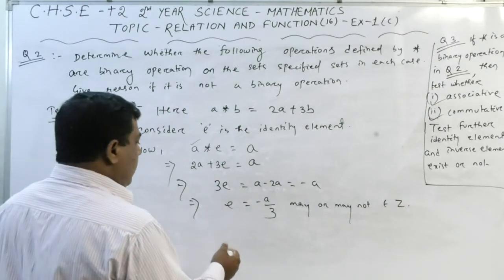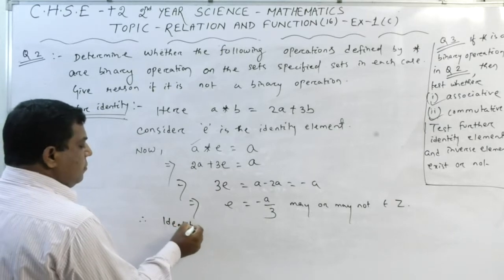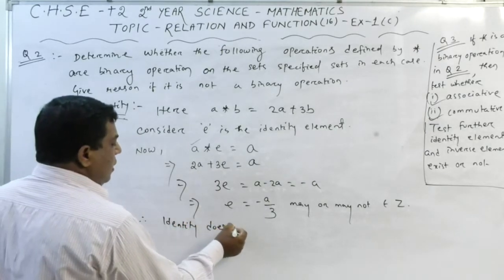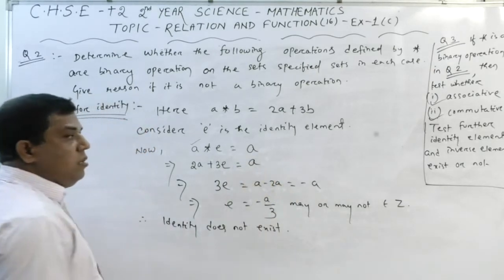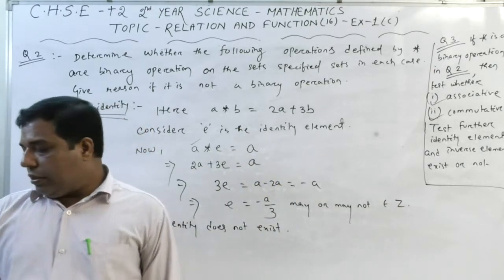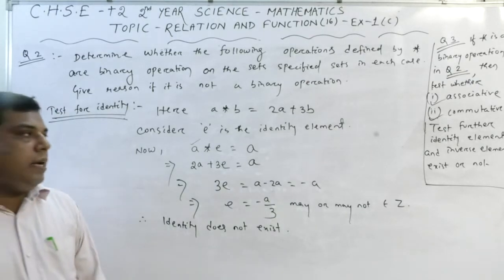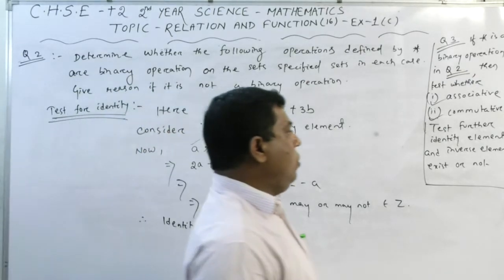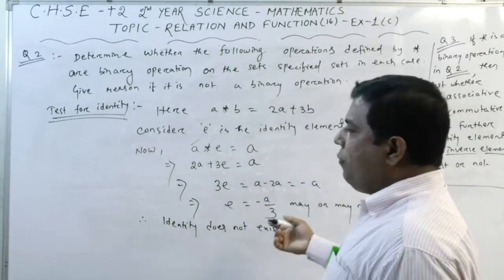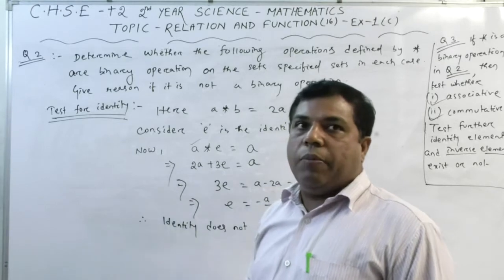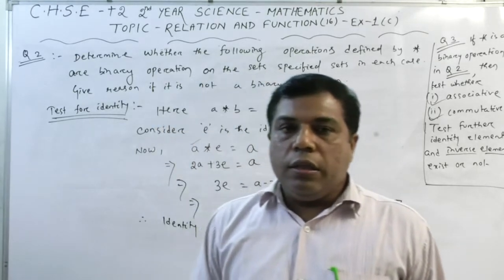So we can say, therefore, identity does not exist in this case. If identity does not exist, we know inverse does not exist, because the role of inverse is about such an element with which it is operated and the result equals the identity.